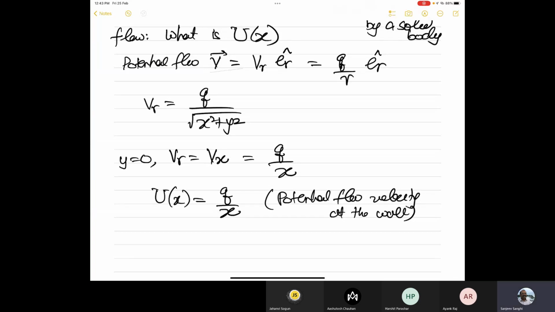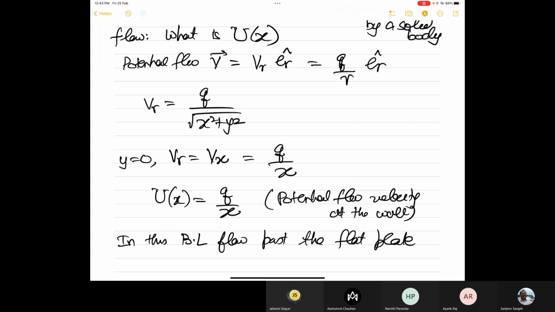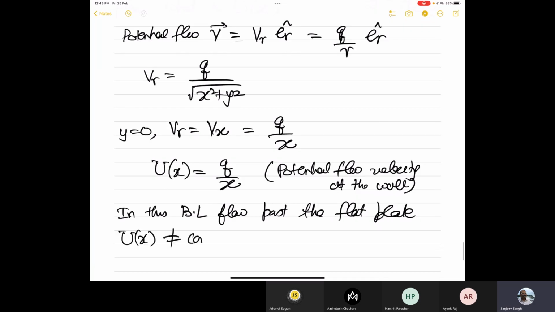This is because the flow at infinity is not uniform. In fact, in this case, flow at infinity is 0. As you go to infinity, there will be no effect left. So in this boundary layer flow past the flat plate, capital U of x is not constant, but equal to Q upon x.